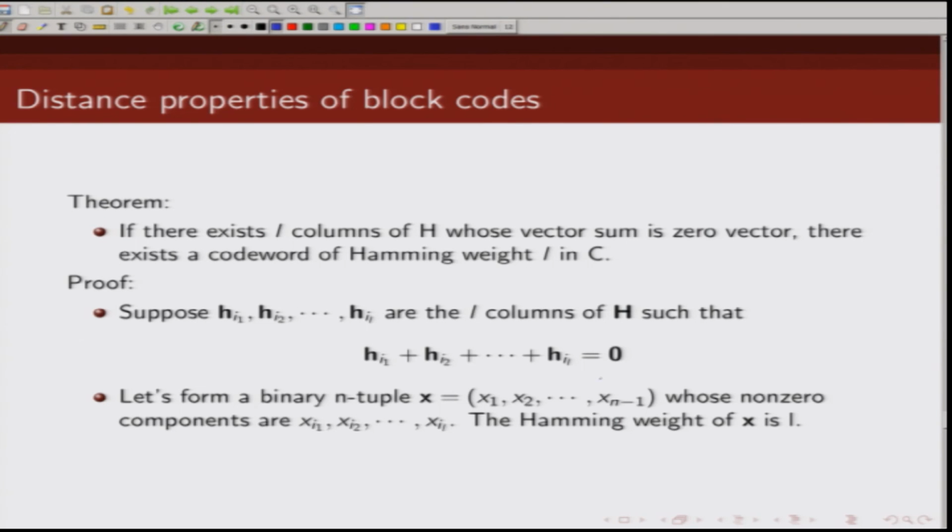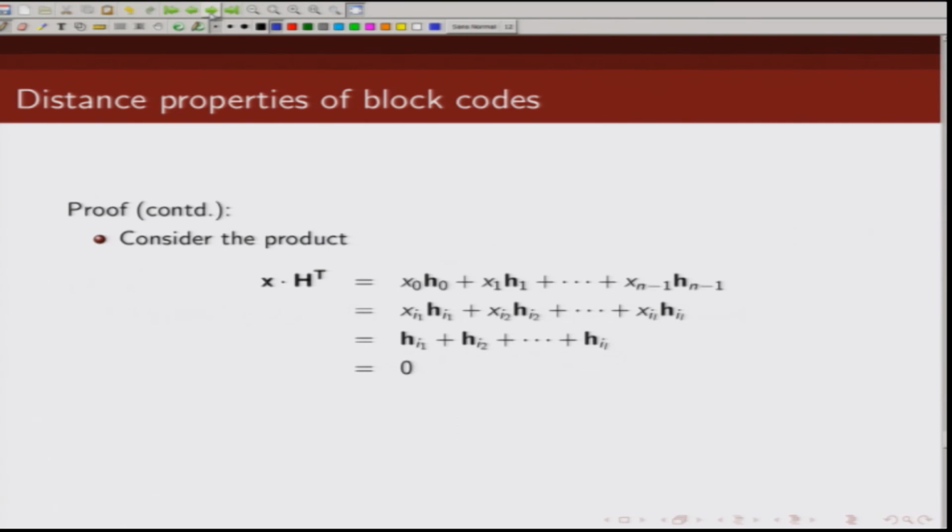We said the vector sum of these L columns is 0. If that is the case, then this is equal to 0. So, what we have shown now is x H transpose is 0. Now, if x H transpose is 0, then x has to be a valid code word.